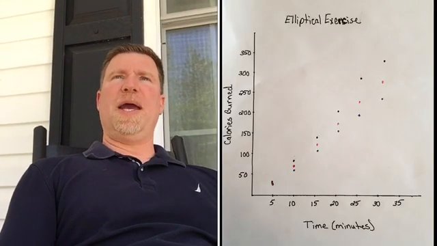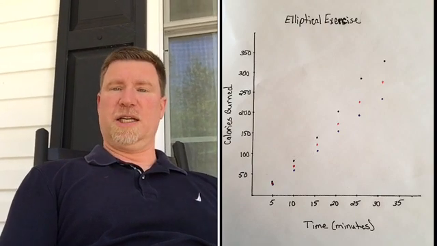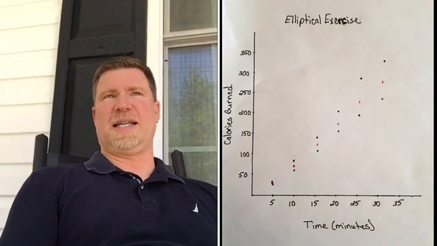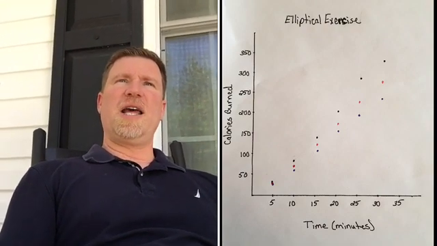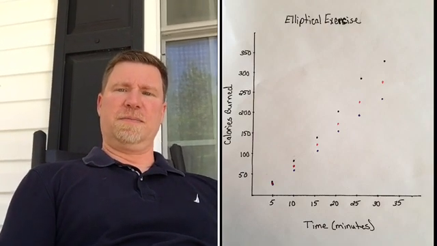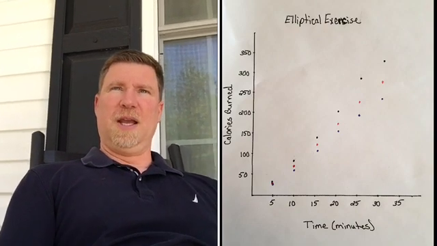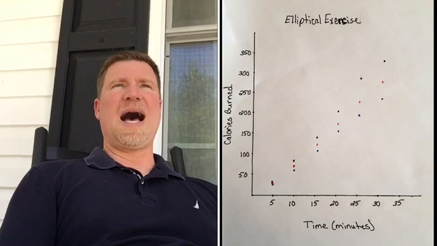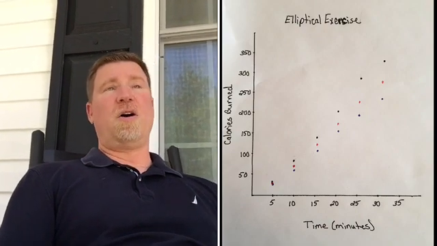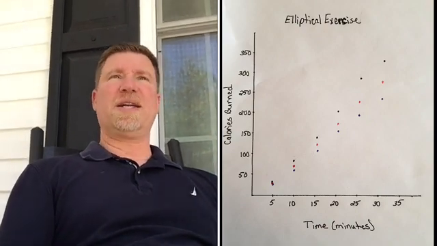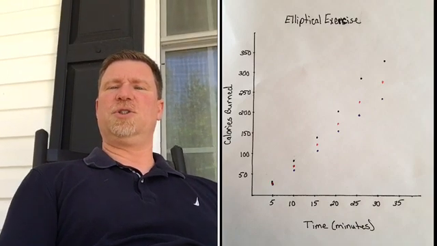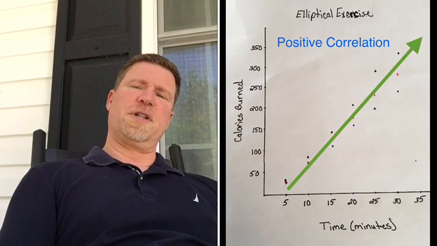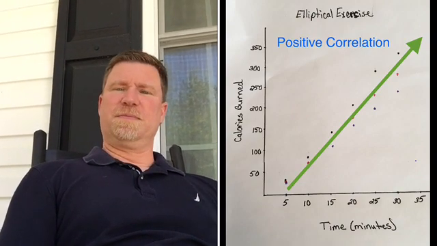You see how as you go from the left to the right, if you move across that graph as if you were reading a sentence in a book, you notice that the dots are increasing moving from the left to the right. We call that a positive relationship or a positive correlation, or also a positive trend. So it can be considered a positive relationship, trend, or correlation, because moving from the left to the right, it is increasing.